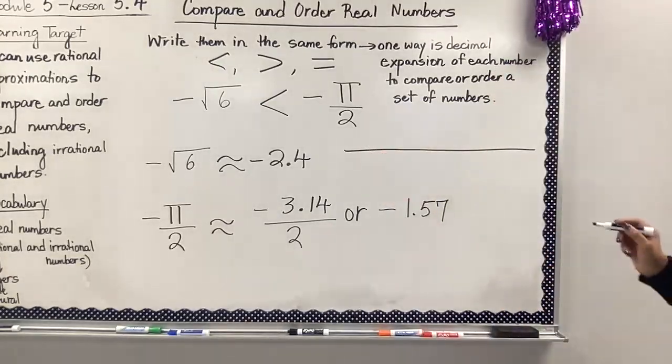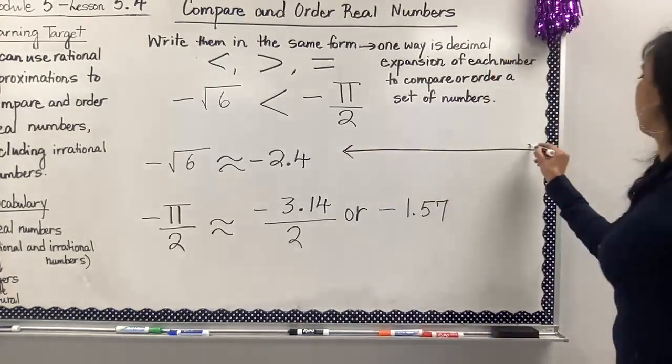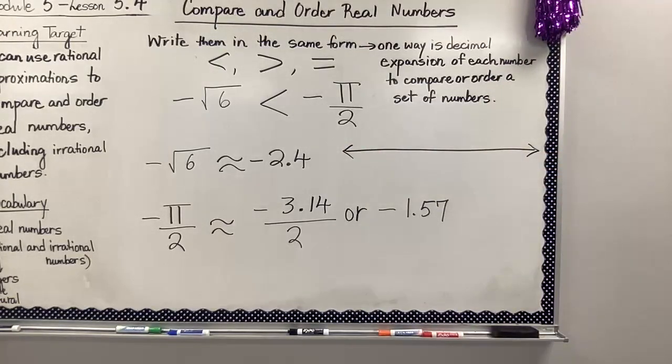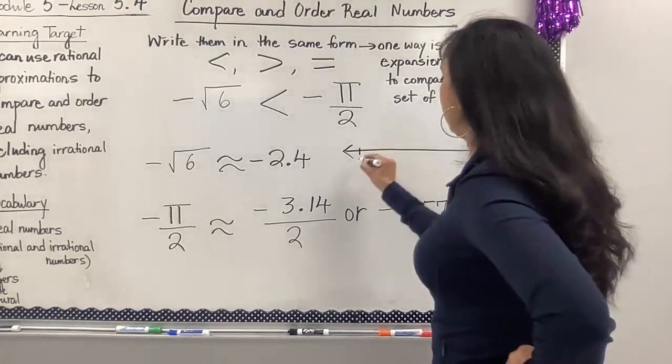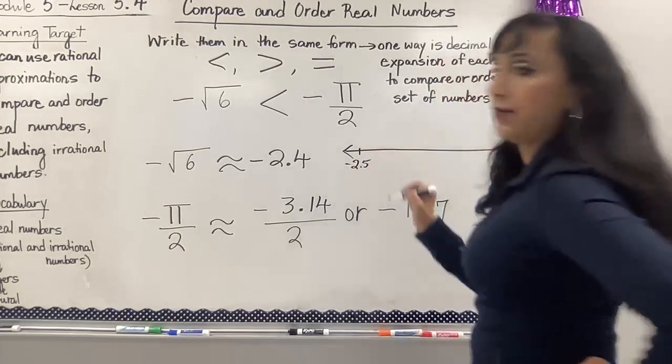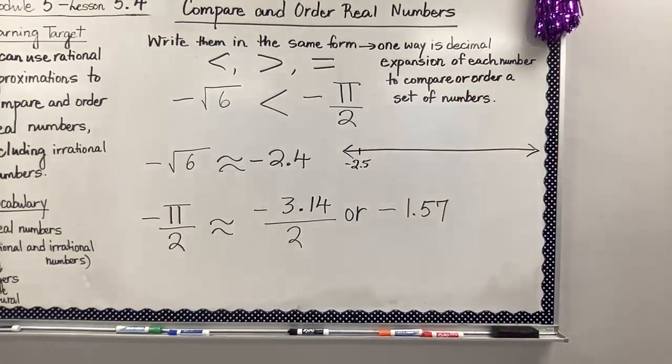Can we see the whole thing? Yes. So we have negative 2 and 5/10. We are going to go backwards, obviously, because these are negative numbers.